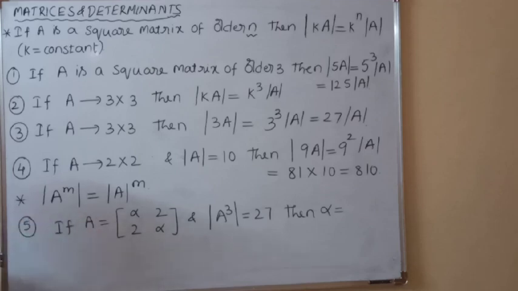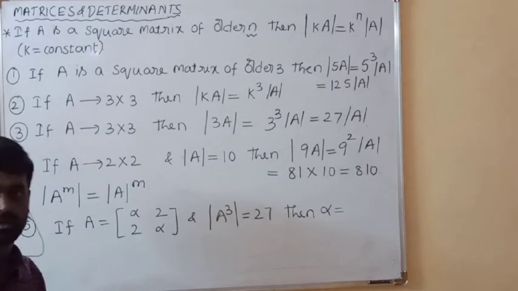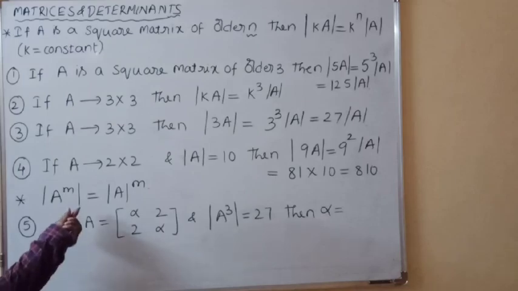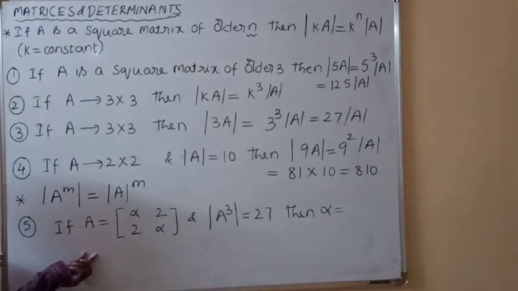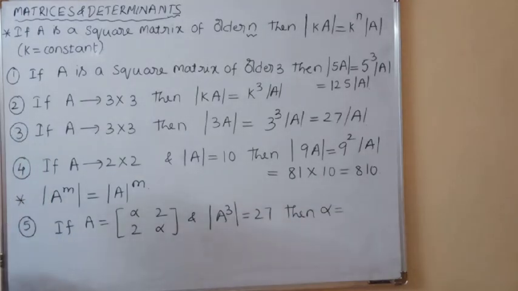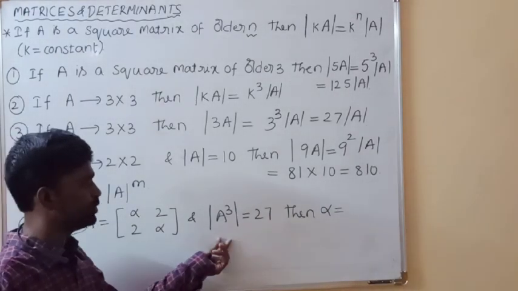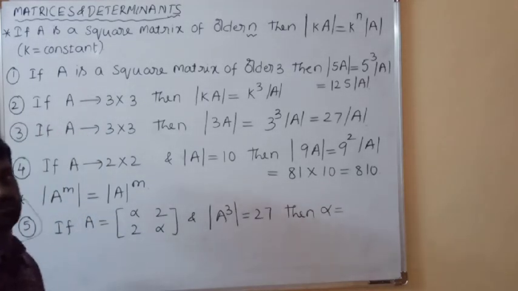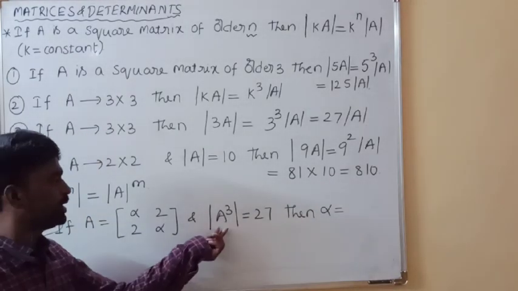Now look at this problem. Determinant of A power m is the same as det A whole power m. Based upon this formula, this problem was asked 3 times, the same problem, even the numbers were not changed. Det of A cube is equal to 27. Then what is the alpha value? Don't try to calculate A cube.